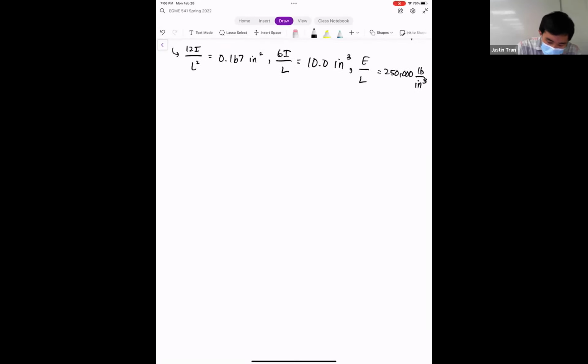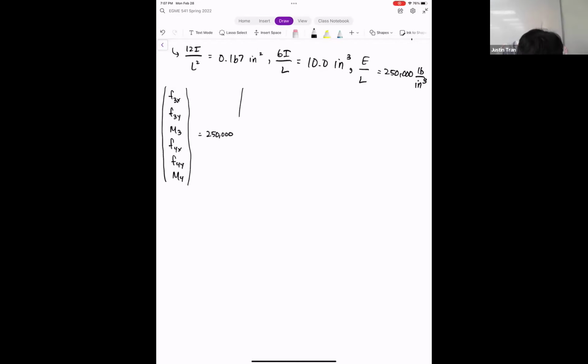Now we have the element stiffness matrix for element C. Element C is connected to nodes 3 and 4, and so we have F3x, F3y, M3, F4x, F4y, M4. I always forget this, and so we have our 250,000 out in front.